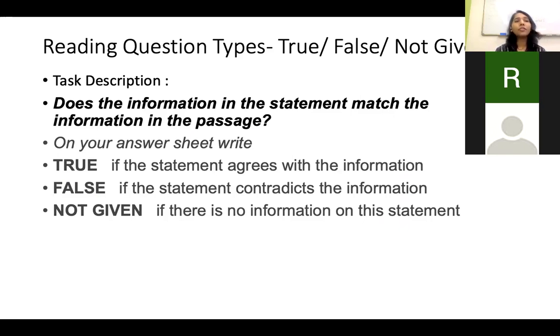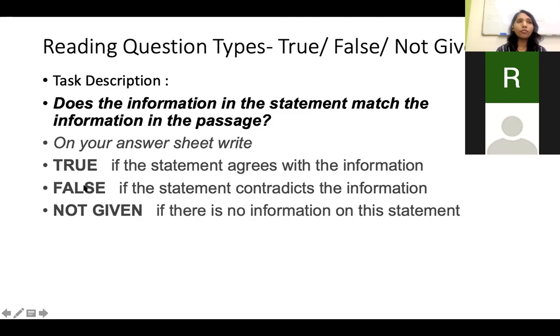A question statement is given based on the reading passage, and you'll have to check if the statement is true, if it complies 100% with the information given in the passage, or if it's false. It's false if it completely contradicts or is the complete opposite of your passage, and not given if there's no information on the statement. Students usually struggle between these two, false and not given.